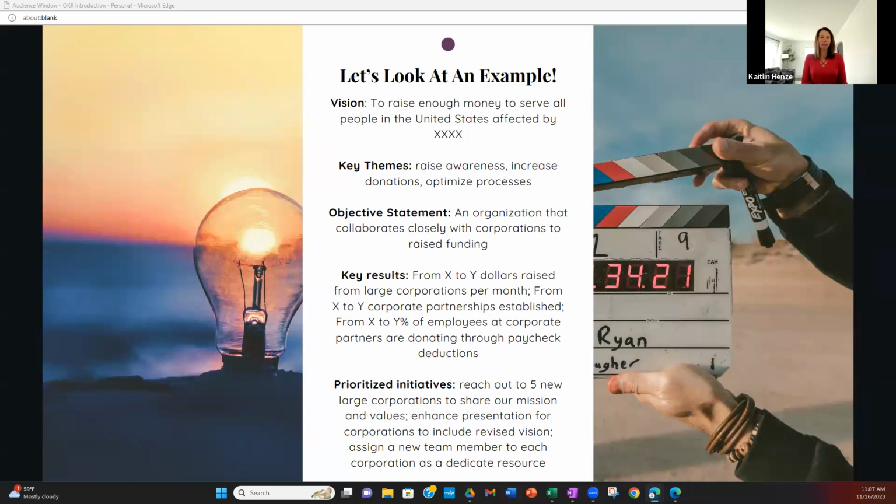And then you may look at some prioritized initiatives, which are, again, the tasks: reaching out to new corporations, sharing the mission and vision on social media, enhancing your presentation to entice people to contribute.